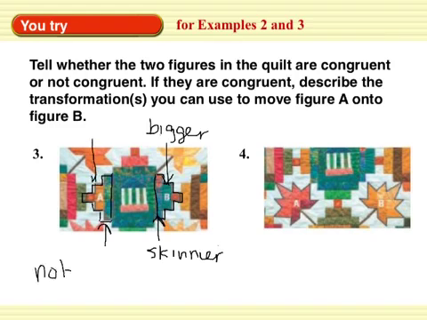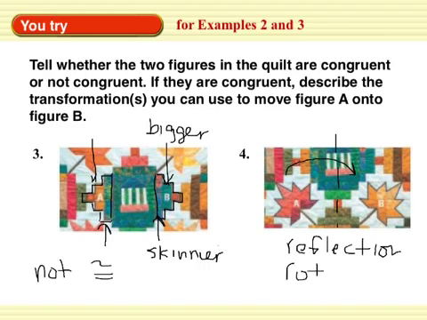So they are not congruent. And if you look at number 4, okay, it looks like from here to here, I've just done a reflection along this line. Okay, it also looks like it could be a rotation about a point down here, a rotation.